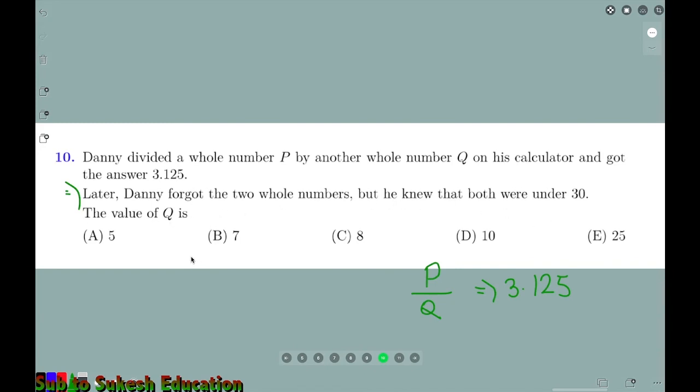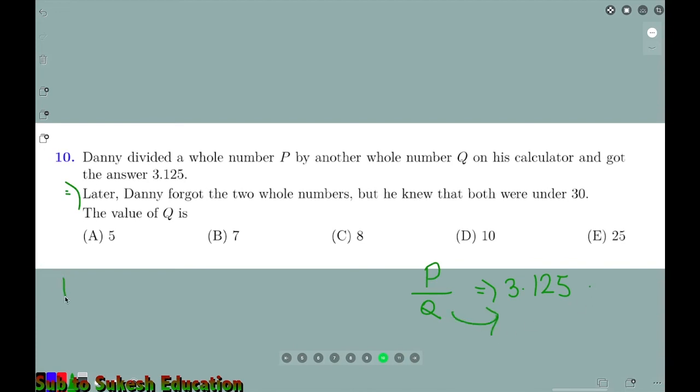Okay, so guys, there are a variety of ways that you can do this, but I'm going to demonstrate the guess and check method, more famously known as trial and error. So P divided by Q is 3.125. They're asking us the value of Q. So to find P, Q goes to that side and we multiply.